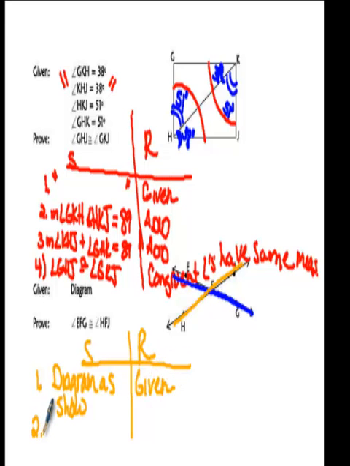Because they gave me the diagram, I can conclude that angle EFG and angle HFJ are straight angles. And why can I conclude that? I can conclude that because it was assumed from the diagram.